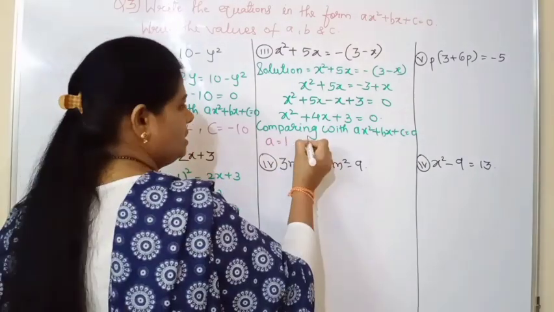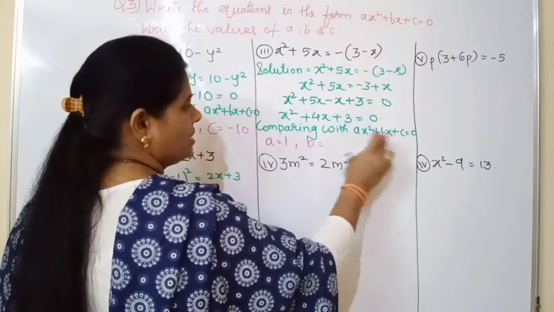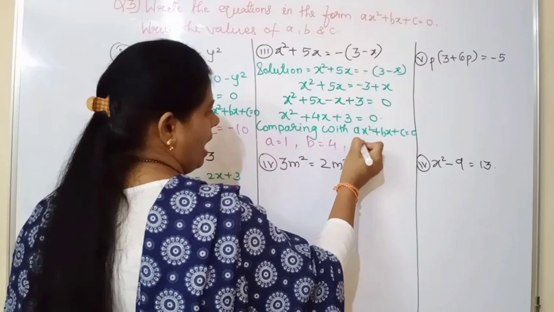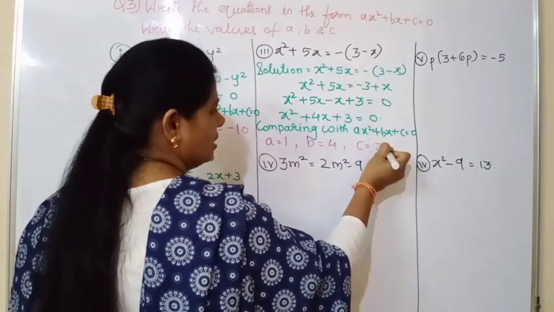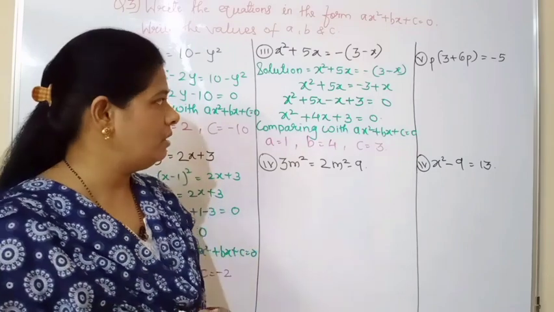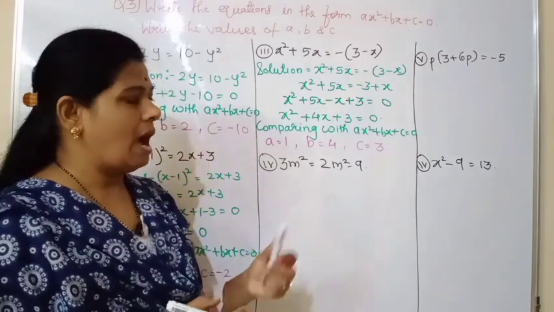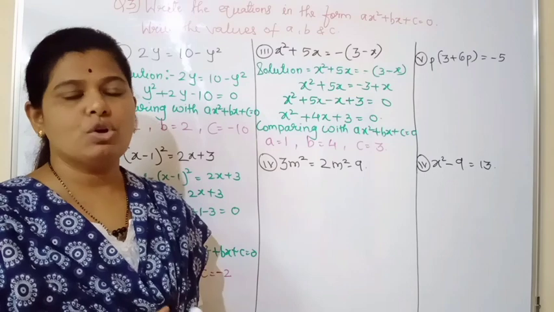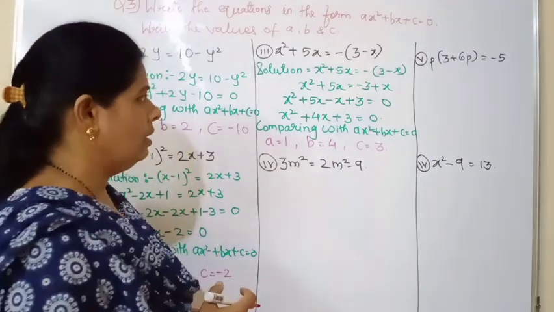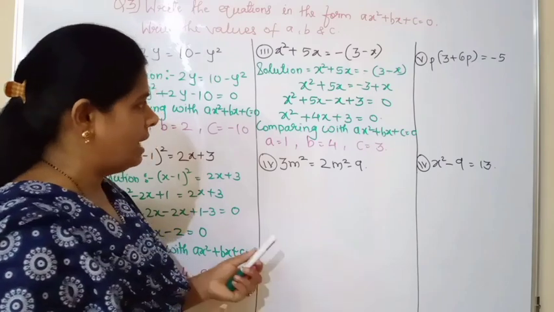Now we will see the value of b. Bx, that is 4x. So the value of b is 4 and the value of c is 3. The whole equation is having a positive sign here, and so the values of a, b, c will be in a positive form. Okay. Now we will move towards the next example.